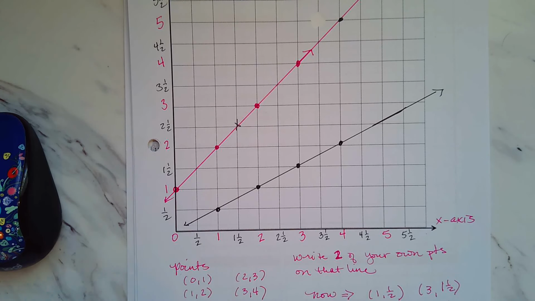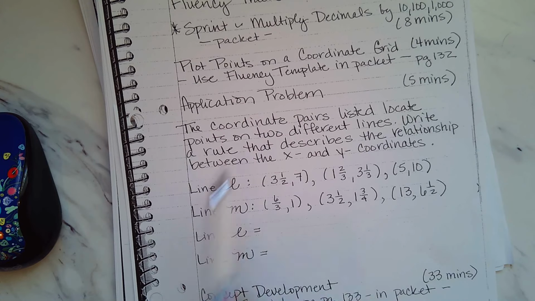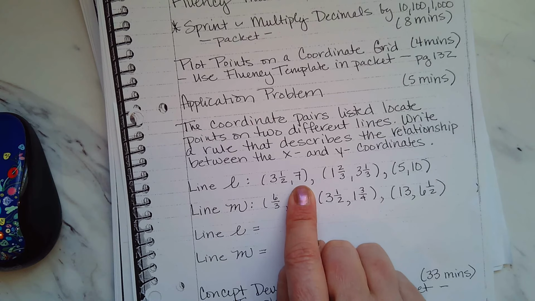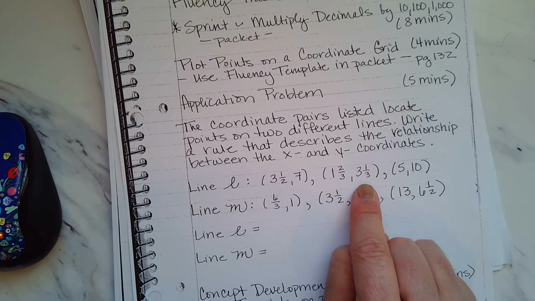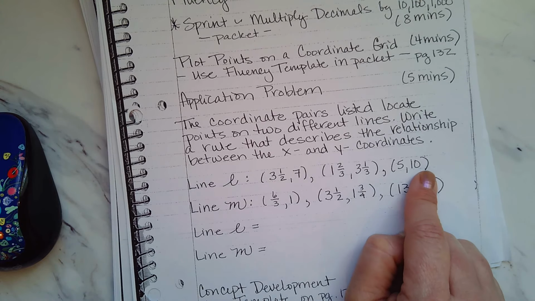Now we're going to go back to your packet and we're going to do the application problem. The coordinate pairs listed locate two different lines. Write a rule that describes the relationship between x and y coordinates. So 3.5 and 7. 1 2/3, 3 1/3. 5 and 10.